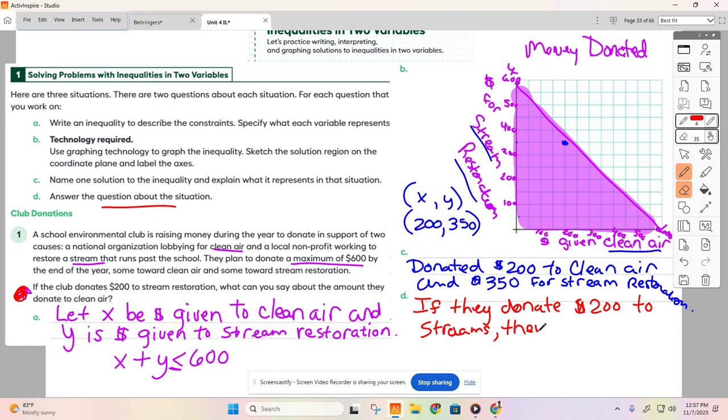They're donating a maximum of 600. They've already given away 200. So that means they can donate up to $400. Or you could say $400 or less. Either way works.